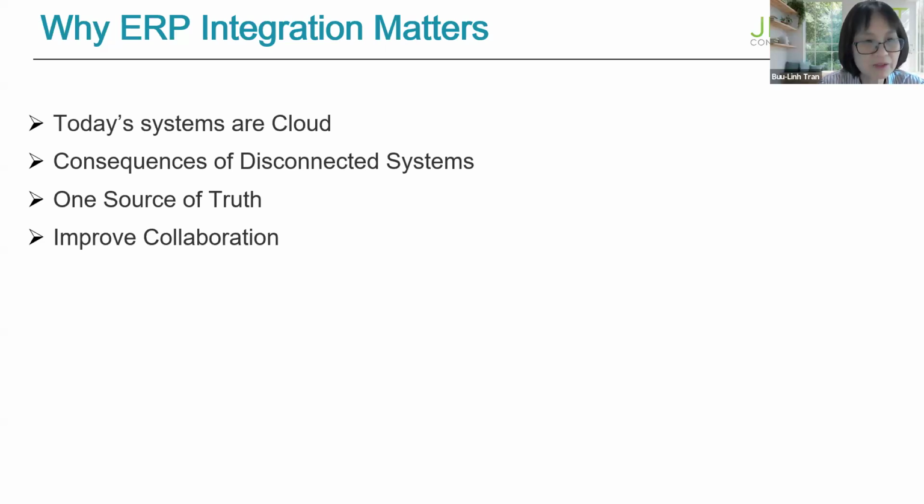Yeah, and I wanted to mention two things here. The one source of truth. Sometimes we talk about the one source of truth being the ERP system, having all the data in one place. But it doesn't have to be the ERP system. One source of truth really is where all your data is housed.